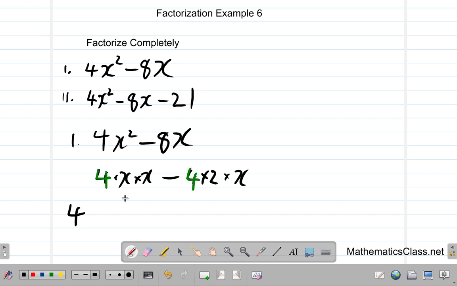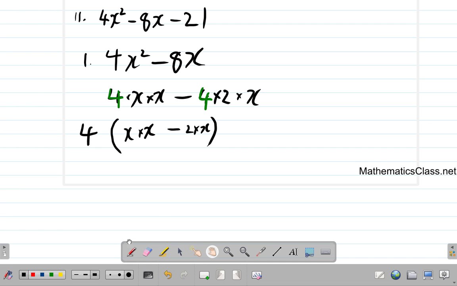Let's deal with the 4 alone first. Open bracket. You have x times x, which is x squared, minus 2 times x, which is 2x. Here now, x is another common factor, so we take out the x as well, and we have 4x now.